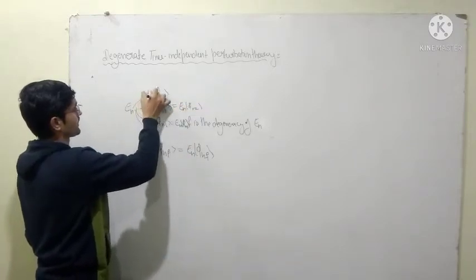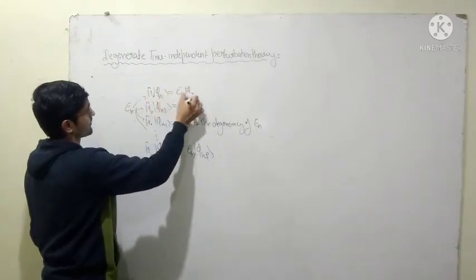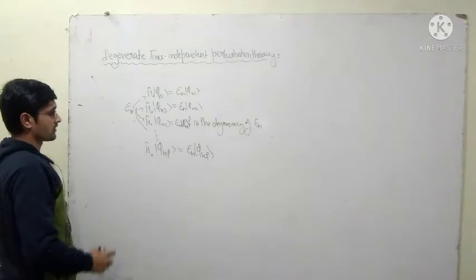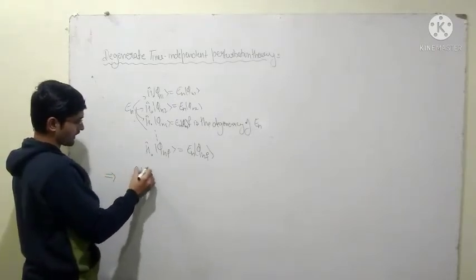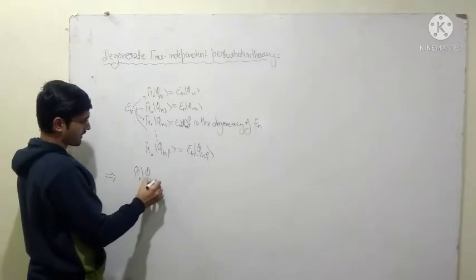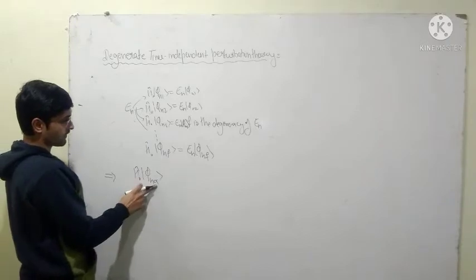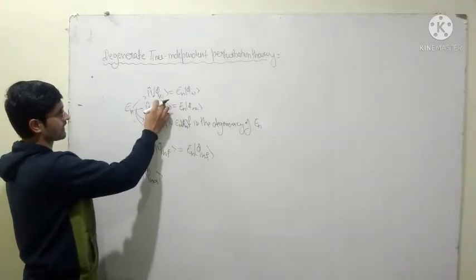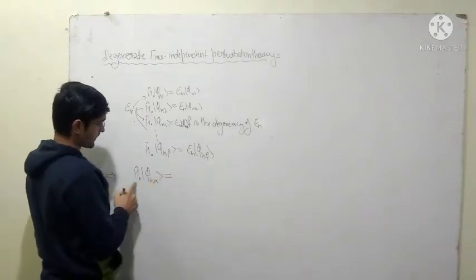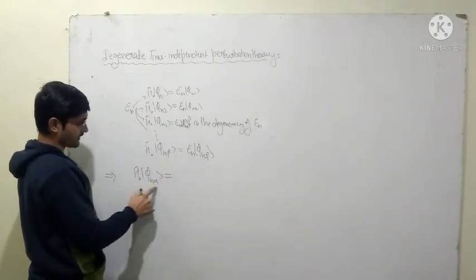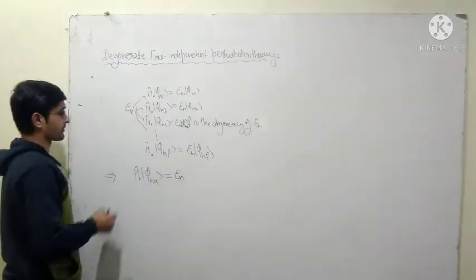Again, if you operate the Hamiltonian operator on this state, it will give the same energy. So in a sense, you can write that if you operate the Hamiltonian on any of these state vectors, where alpha denotes the degeneracy, 1, 2, and so on up to f, the energy will be the same.